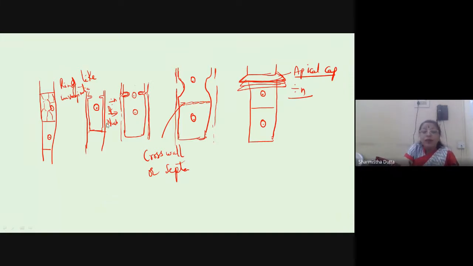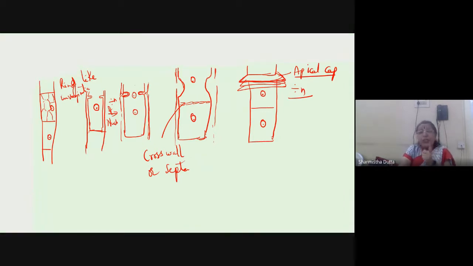Okay, so we were learning about the division, how the division takes place. Number of times, these apical caps. So apical caps are nothing but the remnants of the wall layer during the cell division. So this will make you understand the number of times the cell has undergone division.